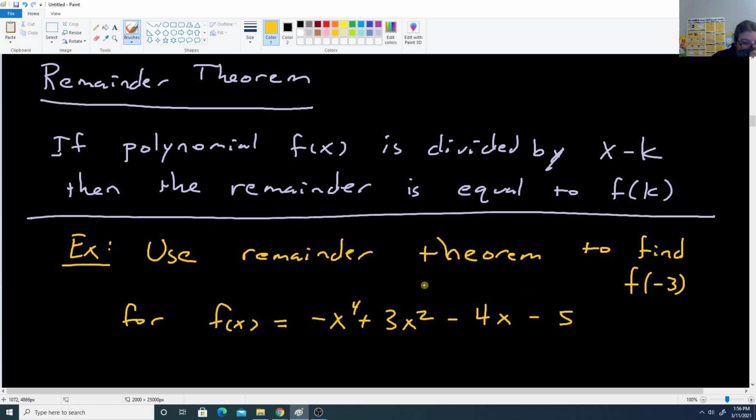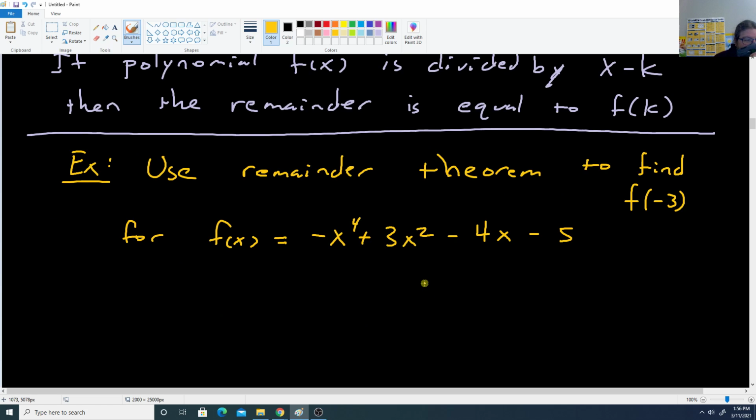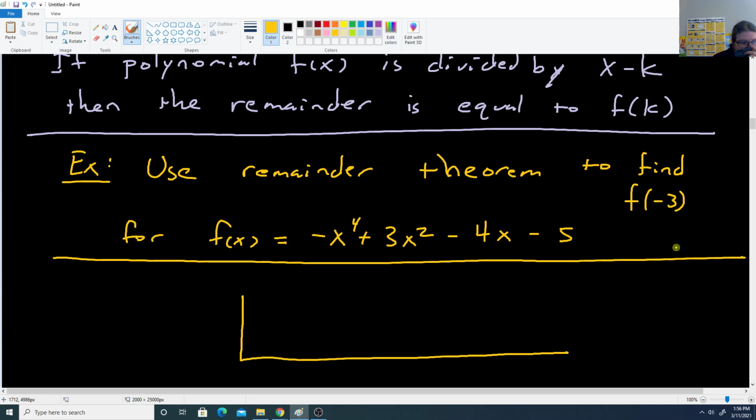So what I need to do is divide this expression here. So to solve this, I'm going to load in negative 1 as x to the fourth's number, 0 is the missing x cubed, 3 is x squared, negative 4 is x's number, and negative 5 is the constant term.